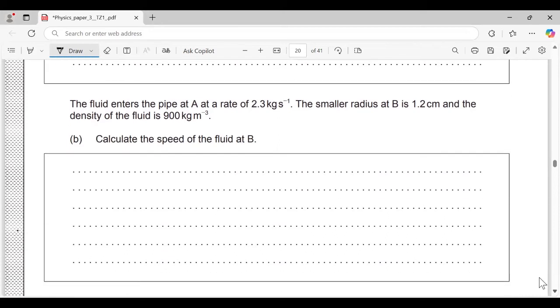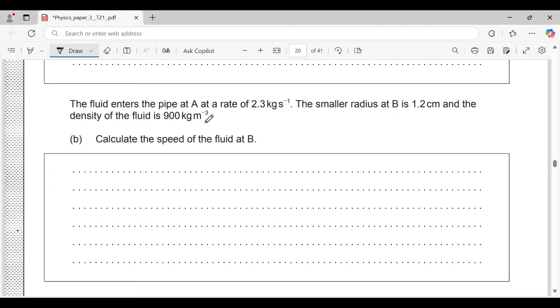The fluid enters the pipe at A at a rate of 2.3 kilograms per second. The smaller radius at B is 1.2 centimeters, and the density of the fluid is 900 kilograms per meter cubed.